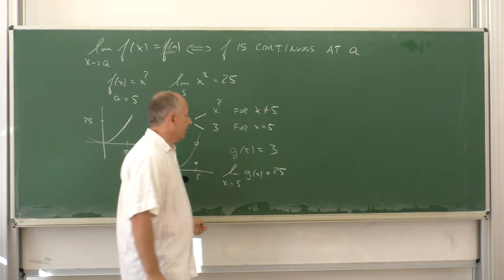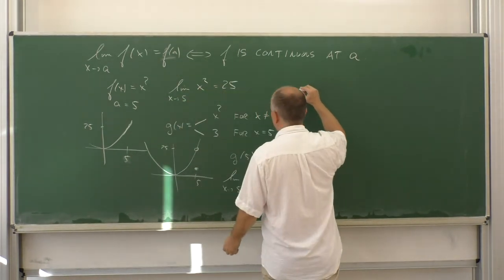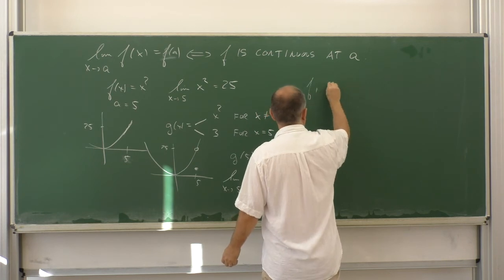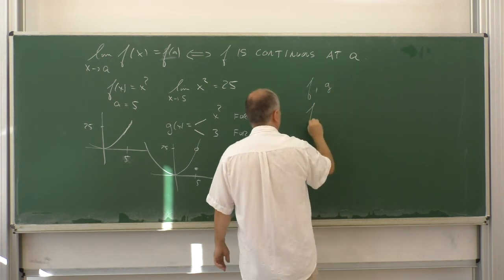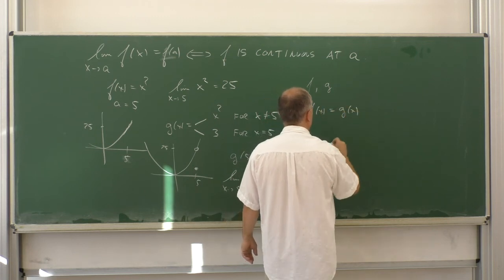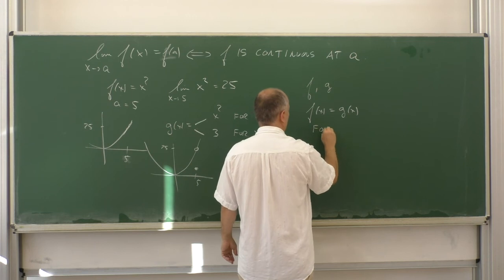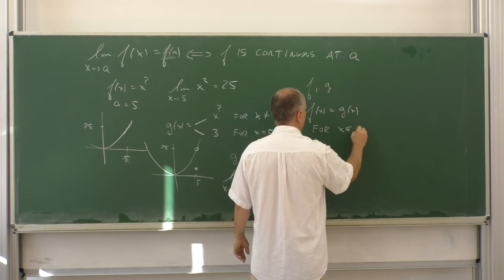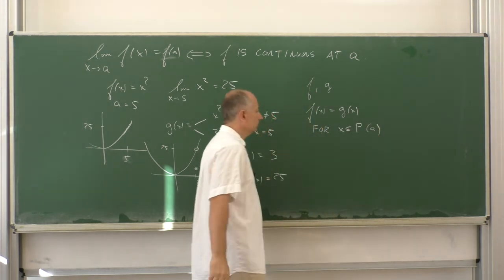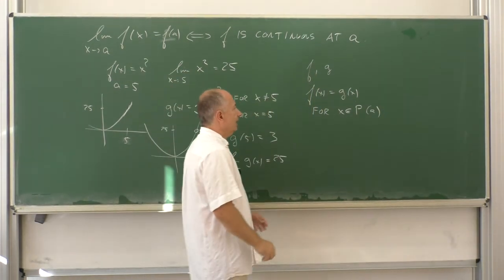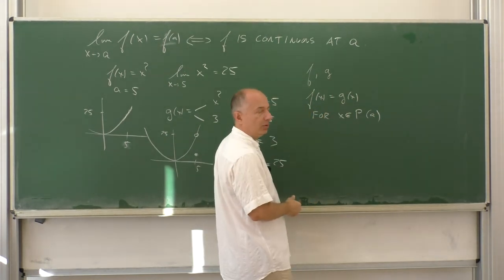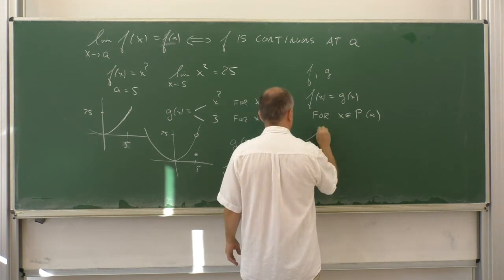And a related theorem is, if we have two functions, let's say f and g, such that they are equal for all x in some punctured neighborhood of a, then if at least one of them has a limit for x approaching a, then the other as well.